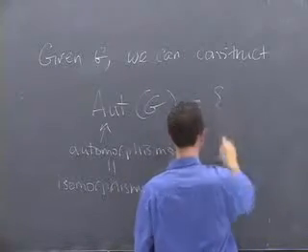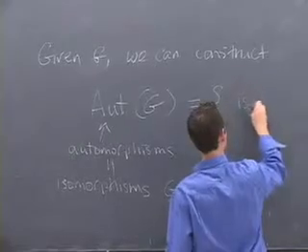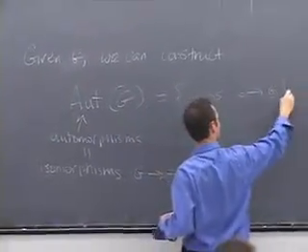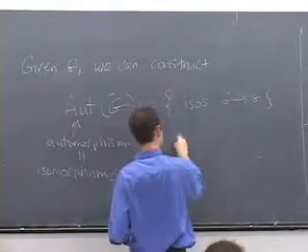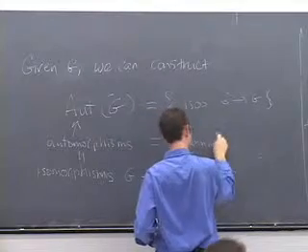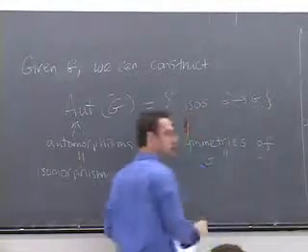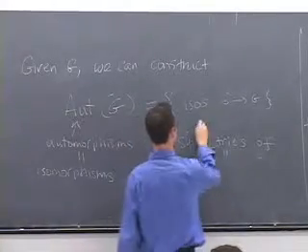So this is the set of isomorphisms from G to G, but in the impressionistic language we were using earlier, this is the symmetries of G, or the structure-preserving maps of G.